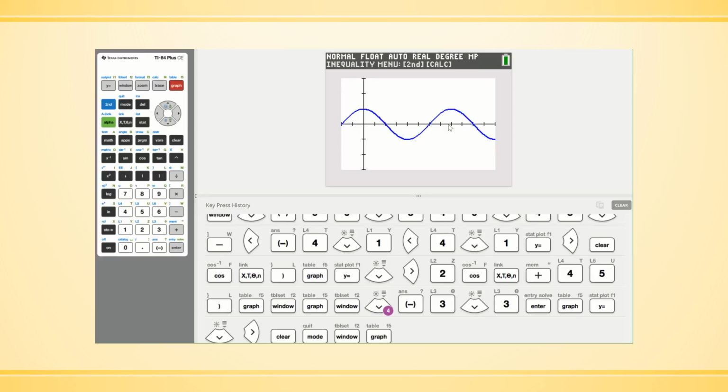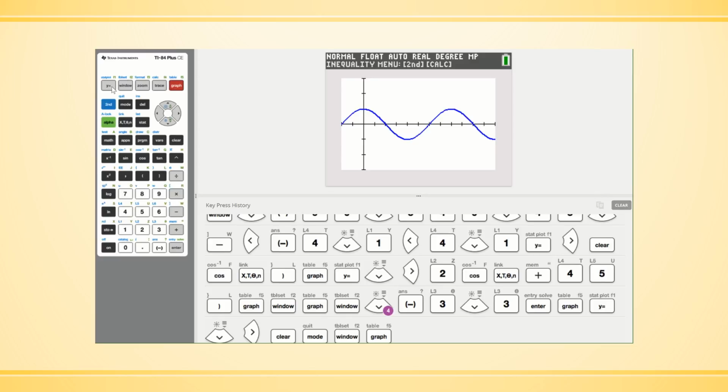And that's 8 times 45. That should be 360. Hopefully it is. 360 degrees. So my period looks correct.